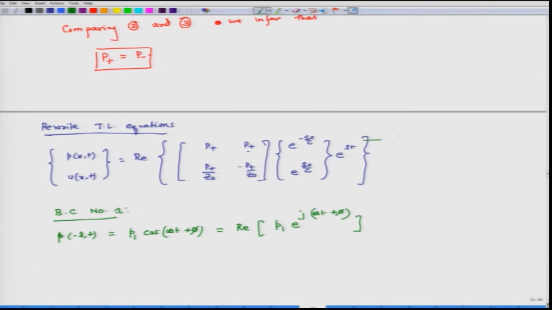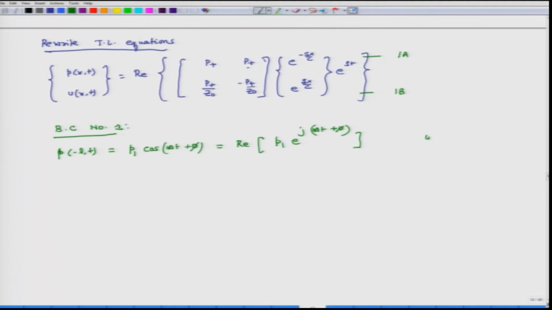So, this is again equation 1a, this is equation 1b and this is equation 4.